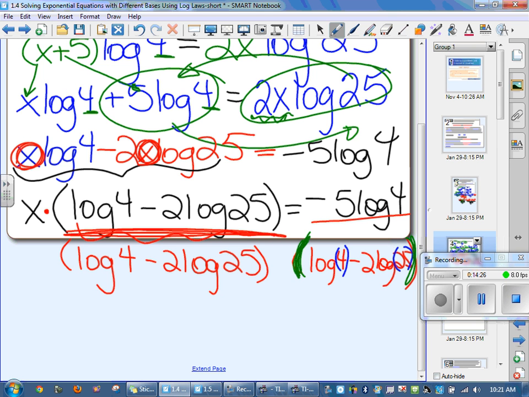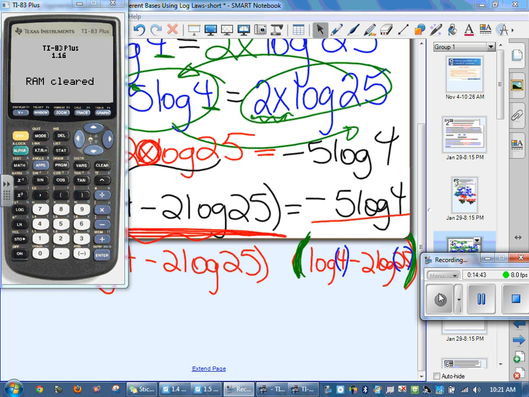Okay? So in your calculators, I want you to type in negative 5 log 4, enter, divide by this bottom. Yes, you need the brackets. Give it a try. So here's the calculator steps. I'm typing in negative 5 log 4, and I'm hitting enter.